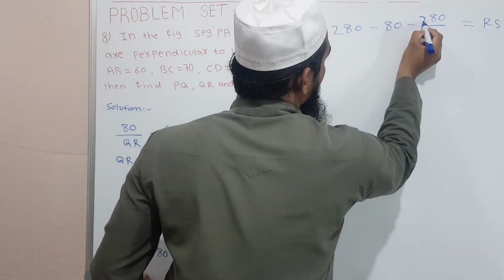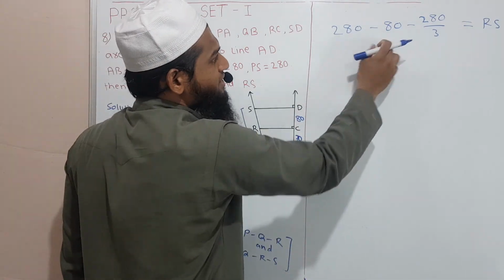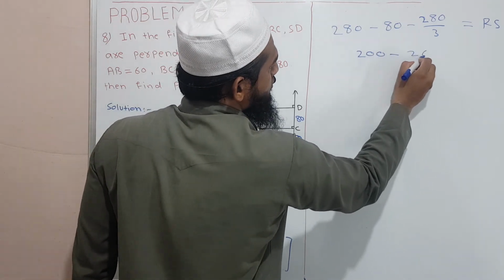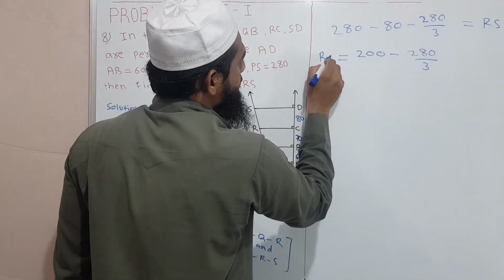If we subtract 280 minus 80, we get 200 minus 280 upon 3 is equal to RS.